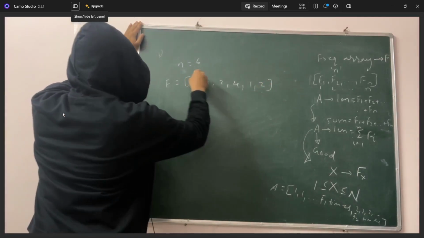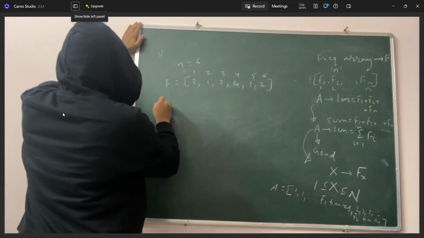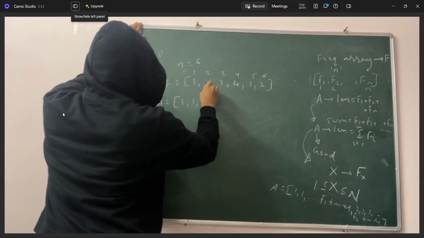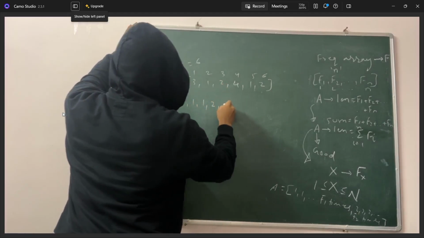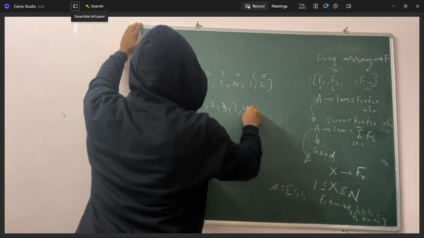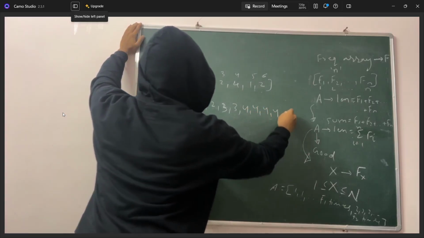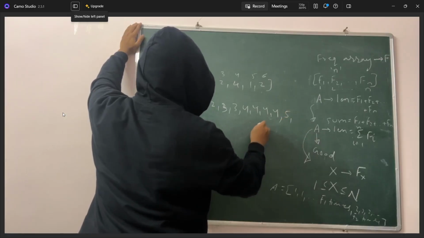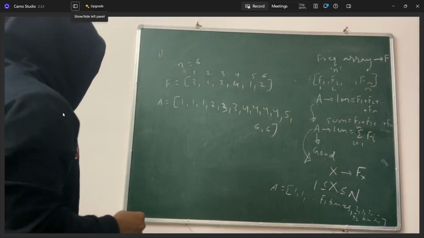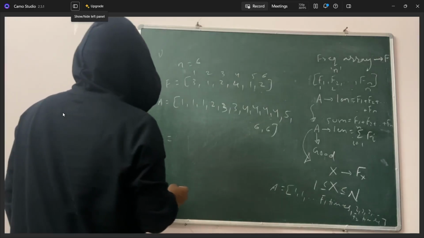Which means 1 has occurred 3 times, 2 has occurred 1 time, 3 has occurred 2 times, 4 has occurred 4 times, right? 5 has occurred 1 time, 6 has occurred 2 times. Now you'll have to make an arrangement in order to make the score maximum.